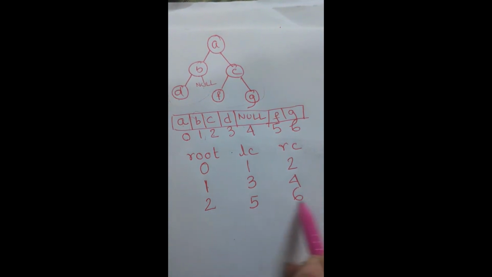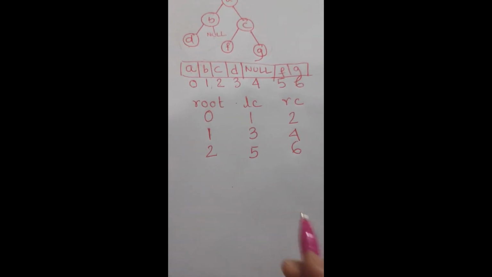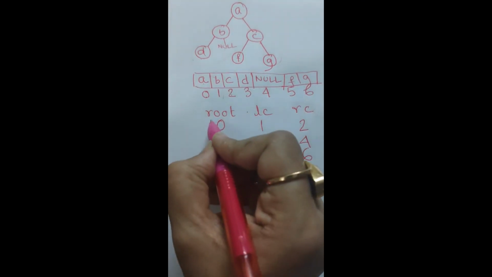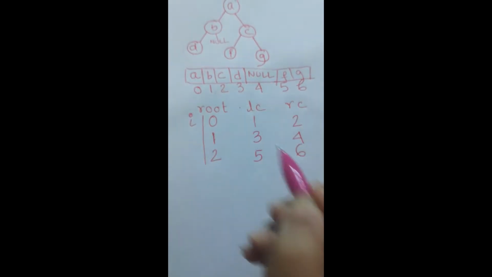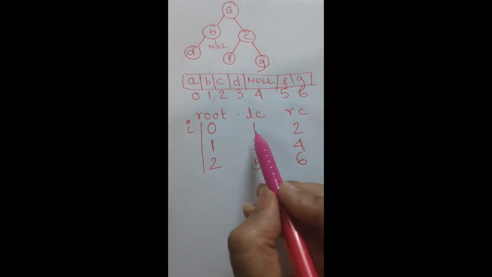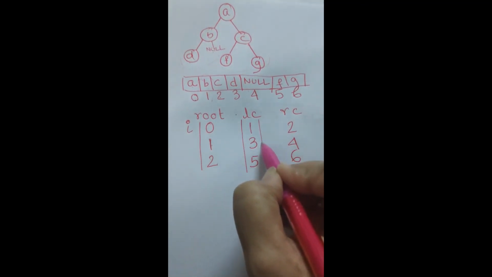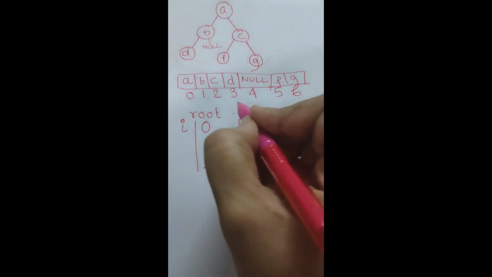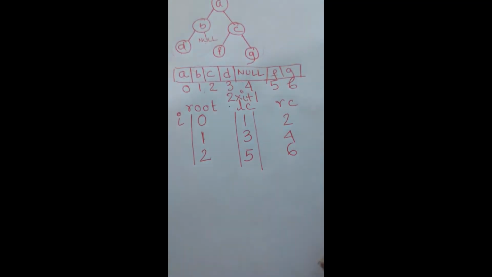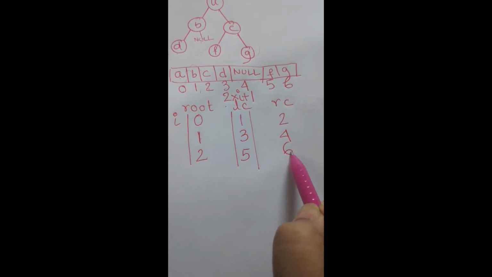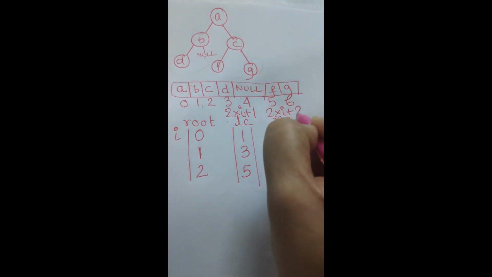Now if you look at this table very carefully, you will be able to identify a relationship. You see, if all the roots are considered to be at ith index, then all the left child are at the index 2 into I plus 1, and all the right child are at the index number 2 into I plus 2.